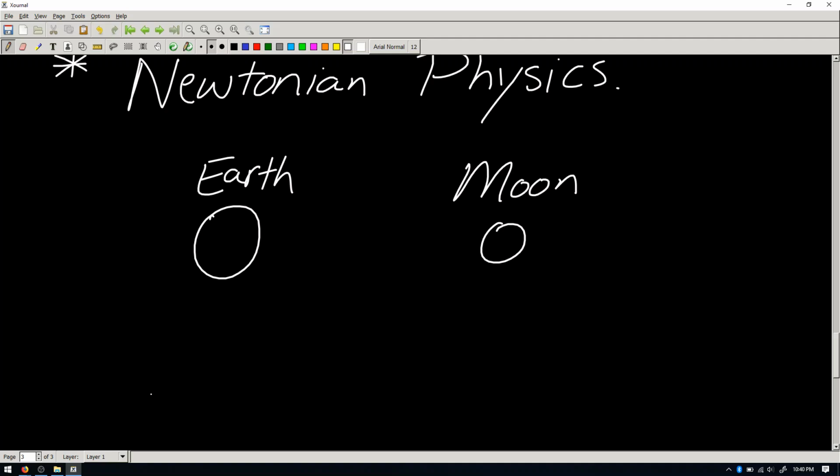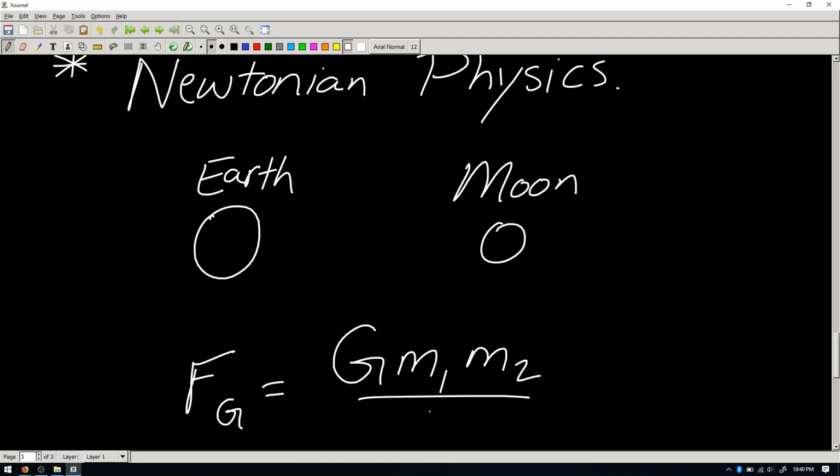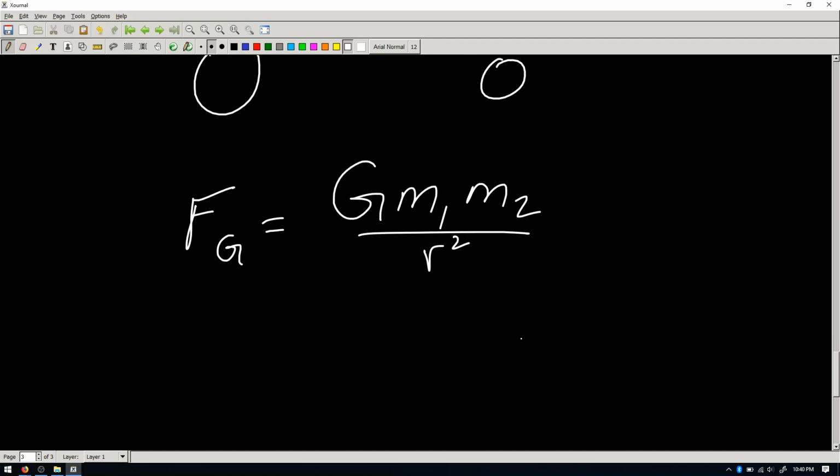Now, you can do it using an equation. The equation is the following. This is called the universal law of gravitation: Fg equals G m1 m2 over r squared. And what we're going to do is talk about what each of these variables represents.